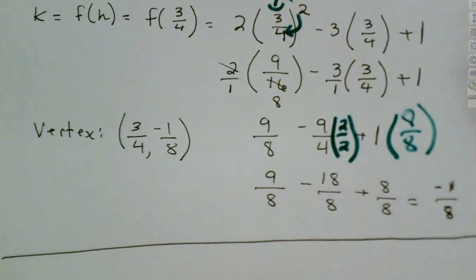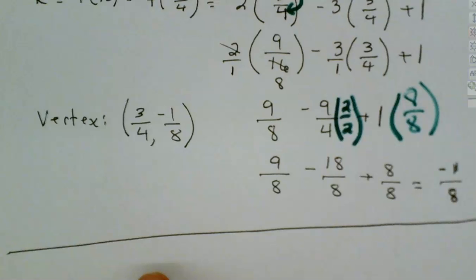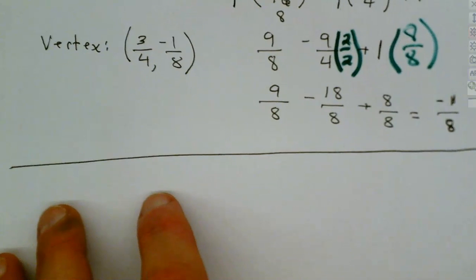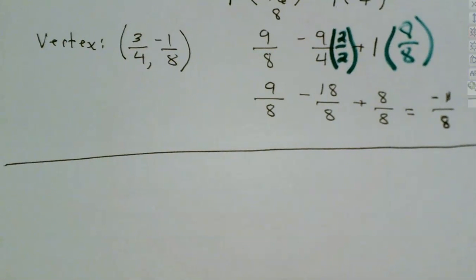Now I want to work with an application. And so we're going to look at one of these from our textbook, and this is going to be an application. And I'm on page 337.